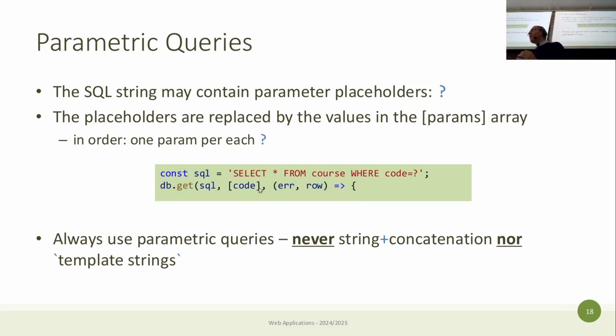Be careful, never use different ways to compose queries. Why? Because this can be a problem from the security point of view. I'm not sure if you have heard about SQL injection. That's something that might happen if you don't follow this pattern. We will have slides about this later.